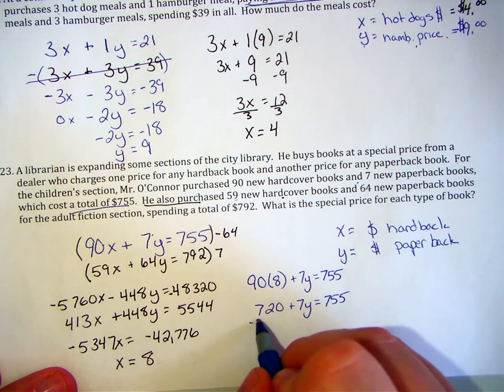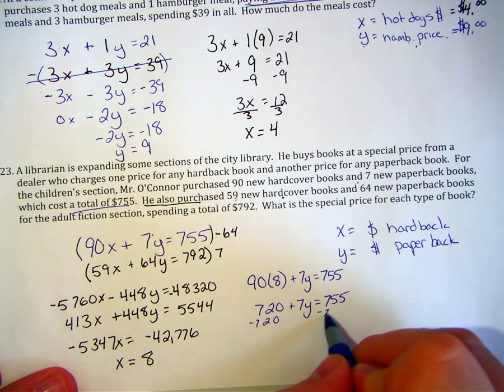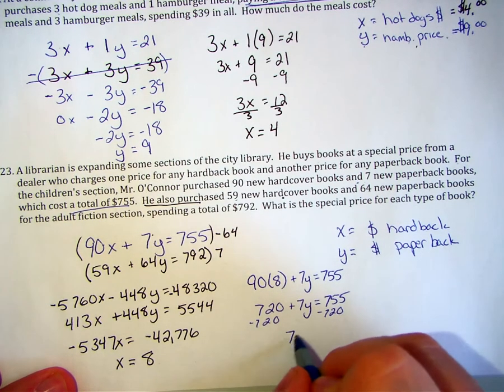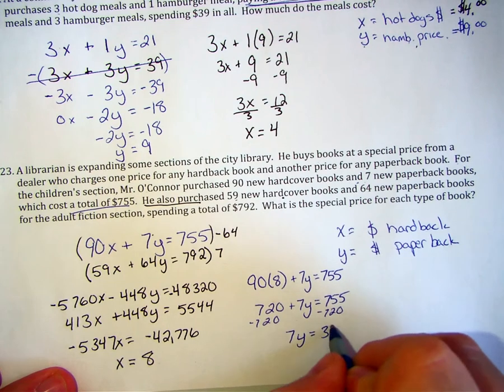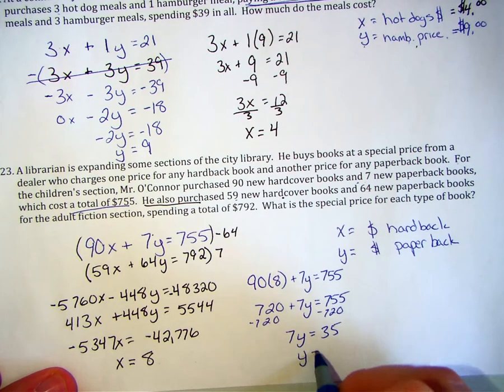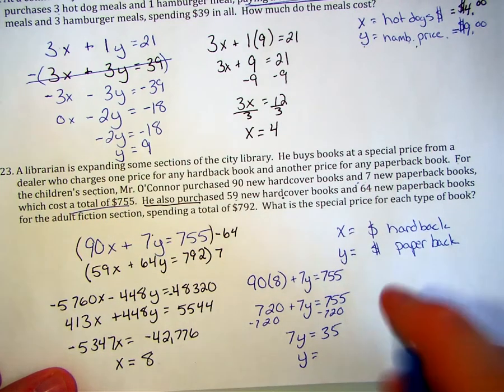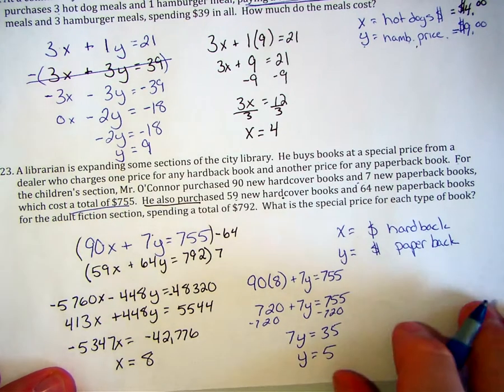So I'm going to subtract 720 from both sides, and 7y is equal to 35. So we can see real quickly that y must be equal to 5.